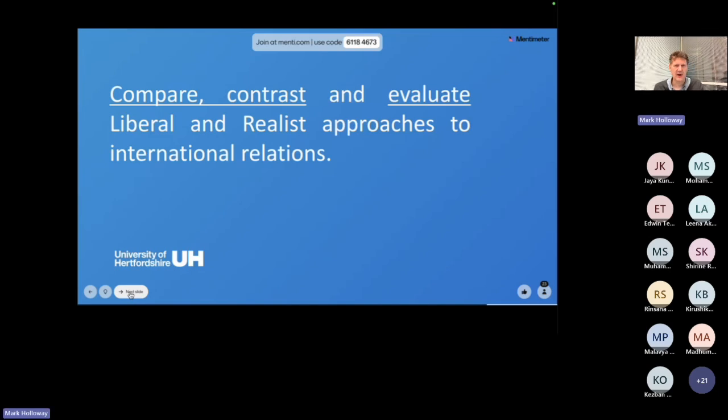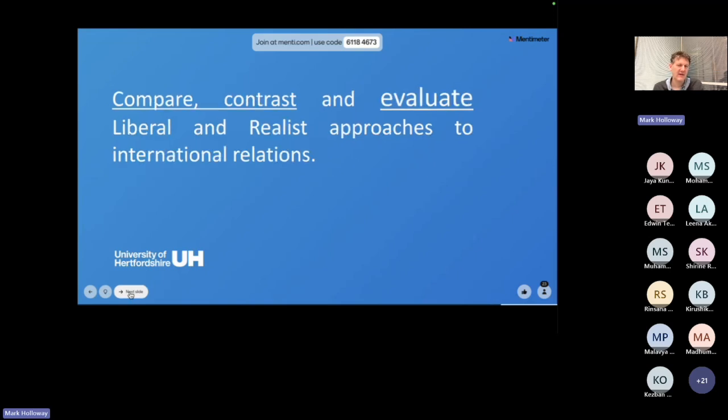And just a quick word that sometimes an assignment title will have multiple function words. So here we've got compare, contrast, and evaluate. And I just want to point out that if you look at the marking criteria for any assignment, look at the kind of language that's used in the description of something that gets 70 or higher and compare it to 60 or higher and 50 or higher.